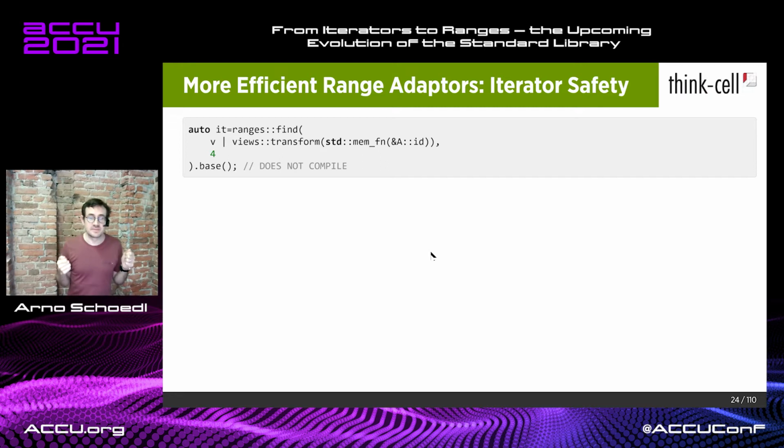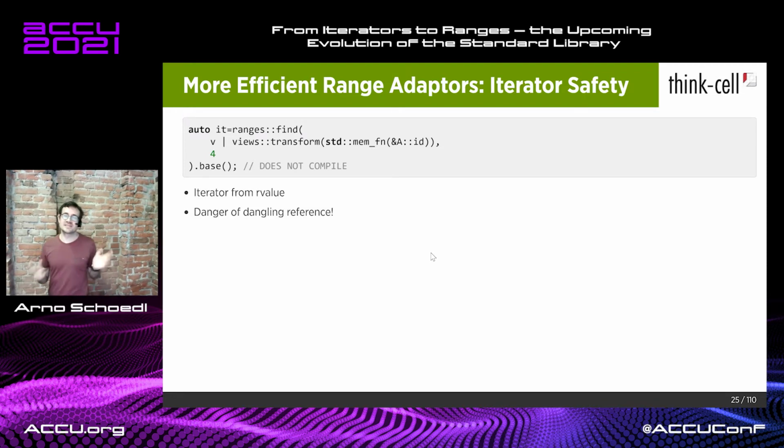And C++20 says, well, if you're trying to pull iterators out of that range object, and this range object is an R value, then there is a danger that you actually get a dangling reference. The iterators will hold a reference to the range object, but the range object is about to go out of scope, because it's an R value. So the library will say, oh, this is dangerous. We're not going to do this, right?